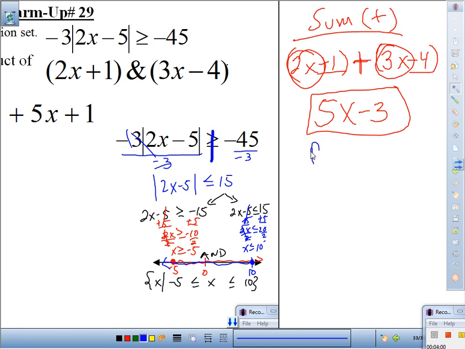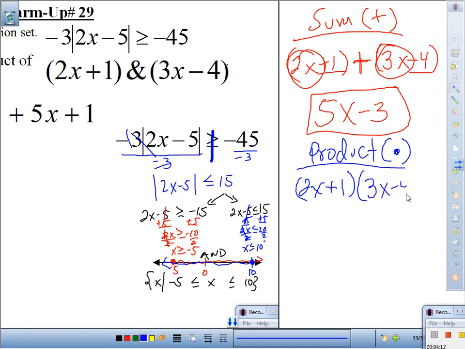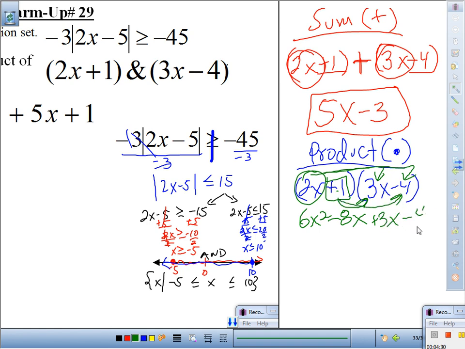Some of you multiplied and did I don't know what. For multiplication, of course, we use the product. That's multiplication. So we have 2x plus 1 and 3x minus 4. So 2x times 3x, 6x squared, 2x times -4, -8x, 1 times 3x, +3x, 1 times -4, -4.